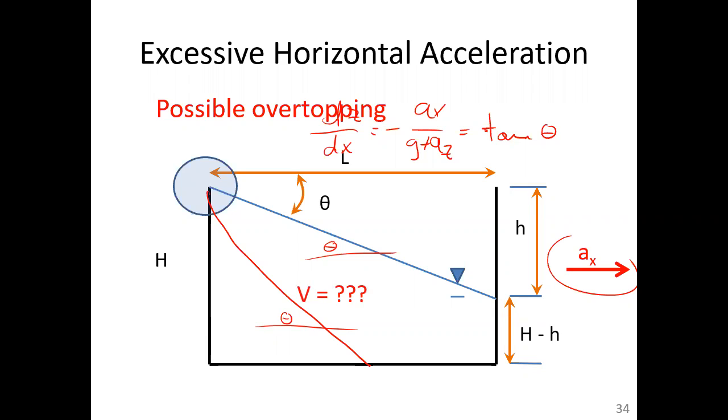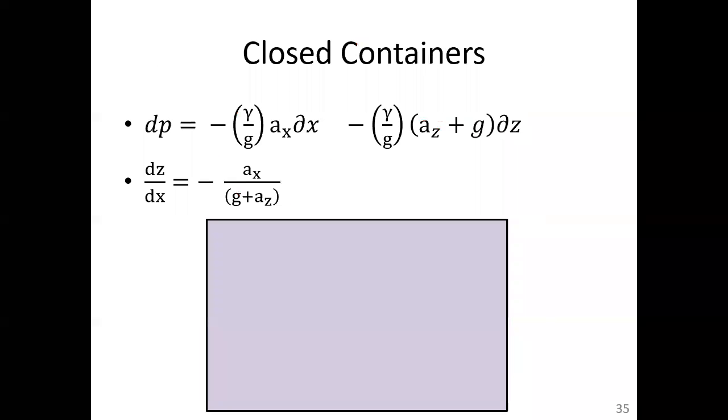When you've lost fluid, you don't know if you have the same fluid volume anymore. In a closed container, by the name closed, you're not losing fluid. Okay, and so what happens is the pressure distributions are changing, and now dz/dx is identifying the contours of constant pressure, but you haven't lost any fluid.